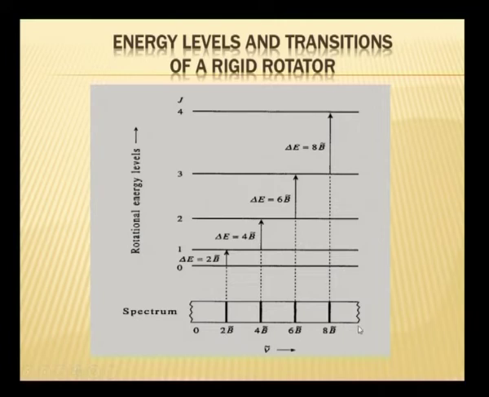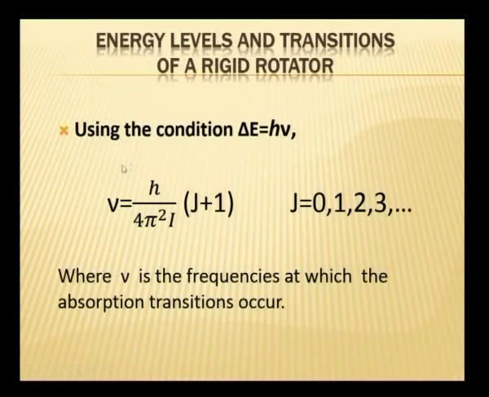So, the important point is the energy separation between two states will be 2B, and there are the transitions which are occurring. The transitions can be between two successive energy states, and transitions which are occurring between two successive energy states will give rise to a frequency which is governed by an equation of this kind, and this frequency will be in the microwave regime. So, that is a very important message with regard to a rigid rotator.